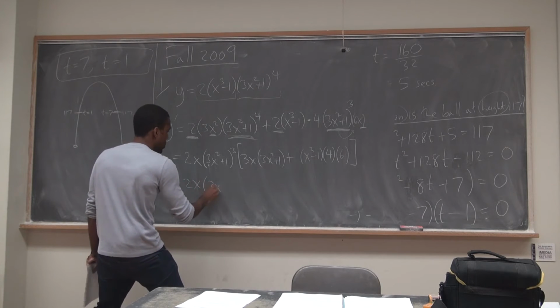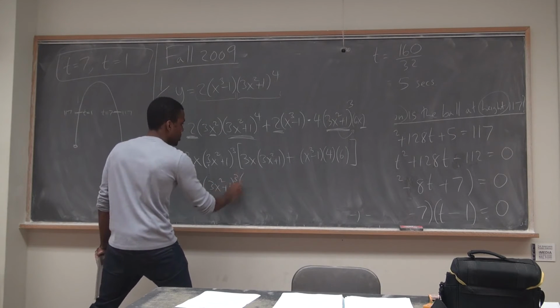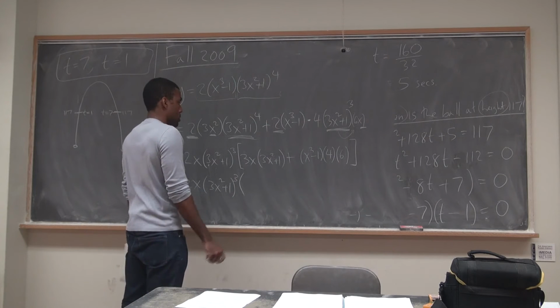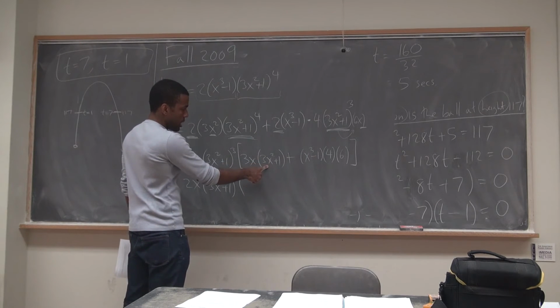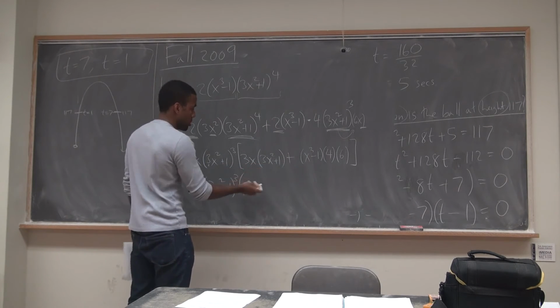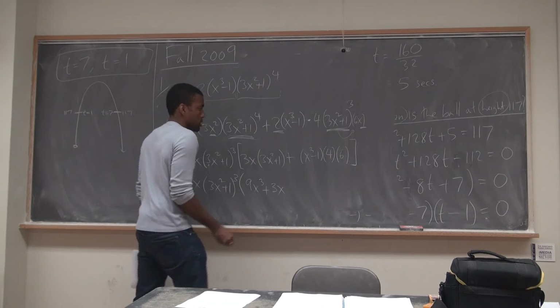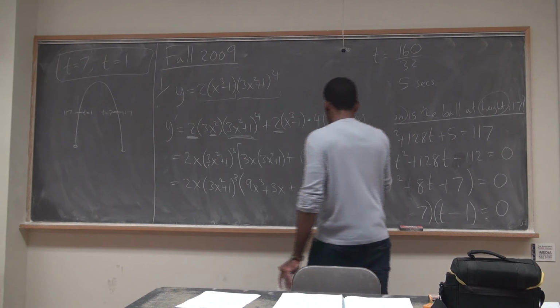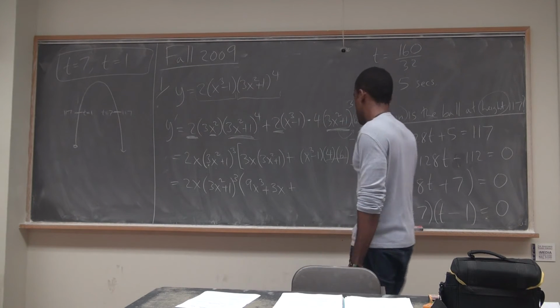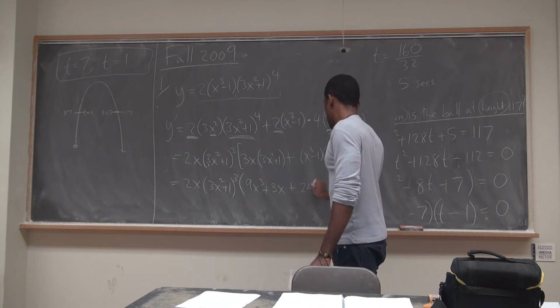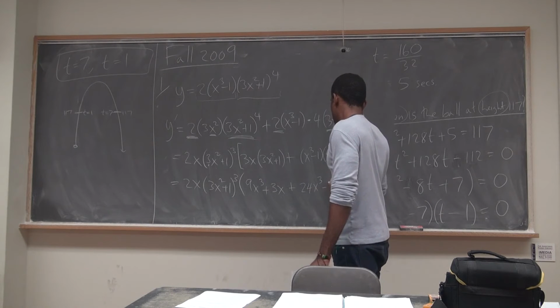So it's 2x times 3x squared plus 1 cubed times, this would be 9x cubed plus 3x plus 4 times 6, 24, so 24x cubed minus 24.